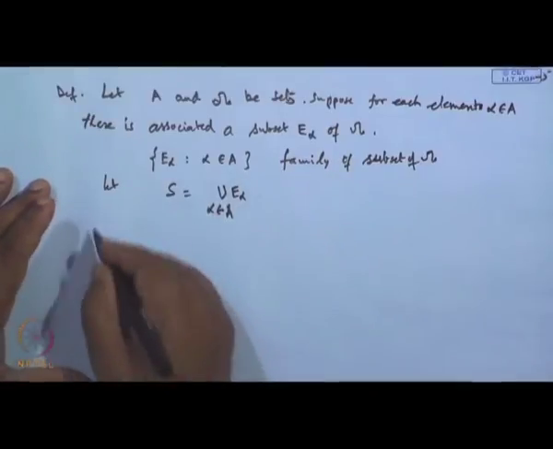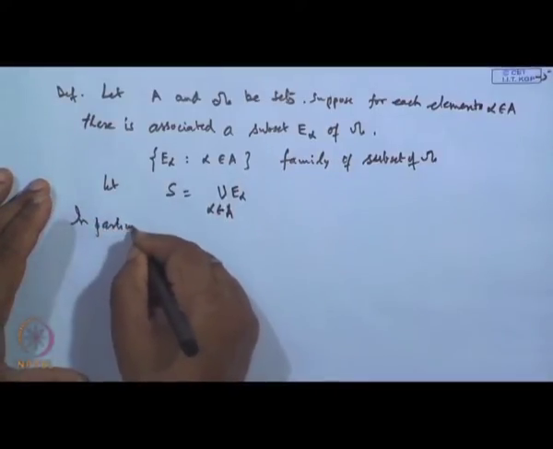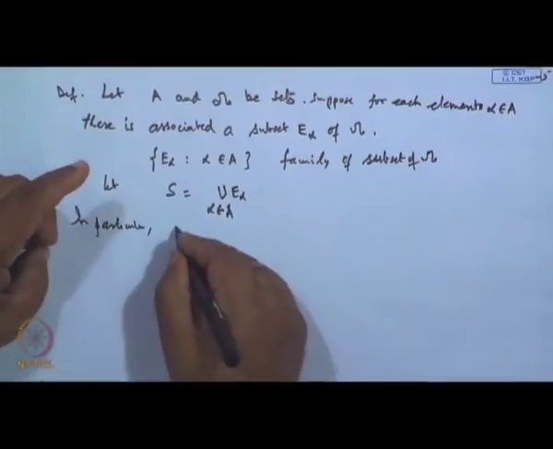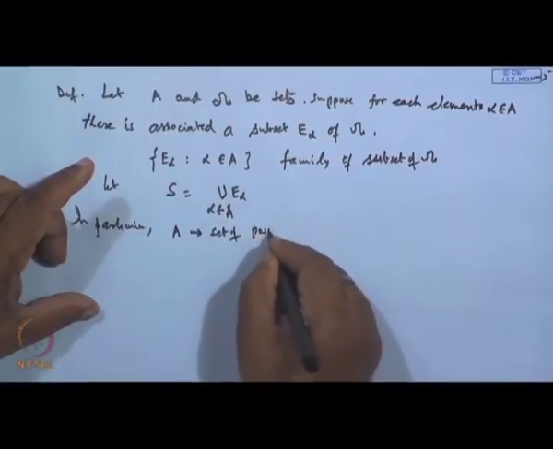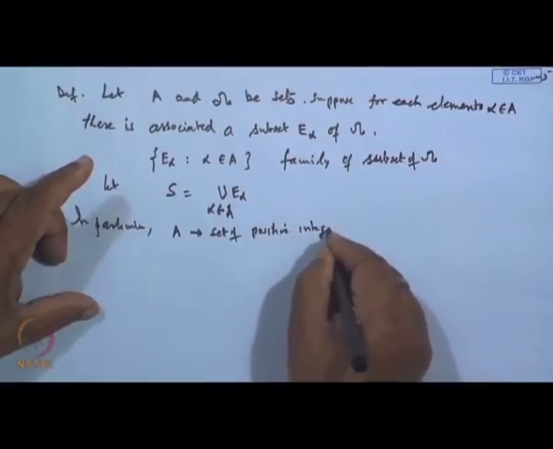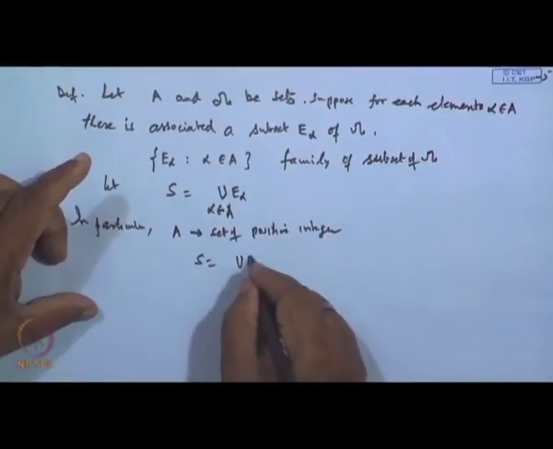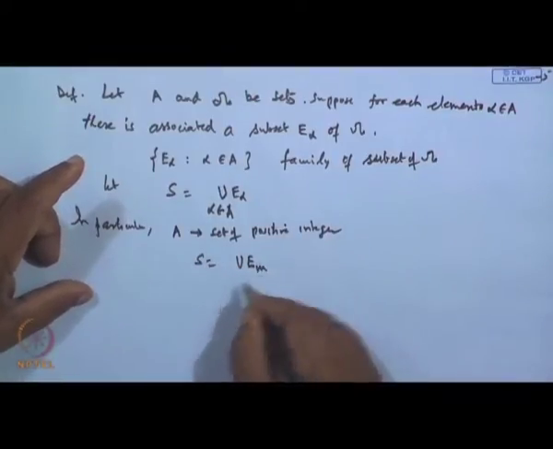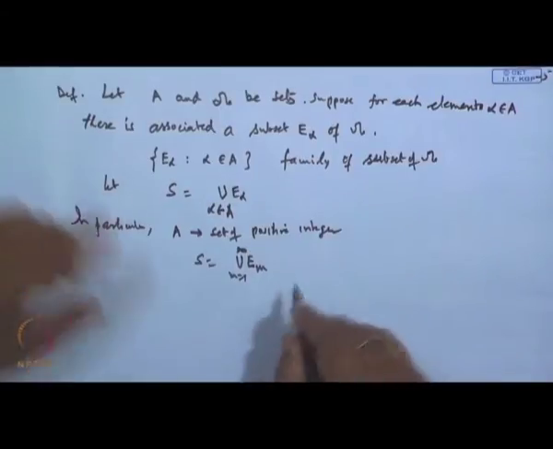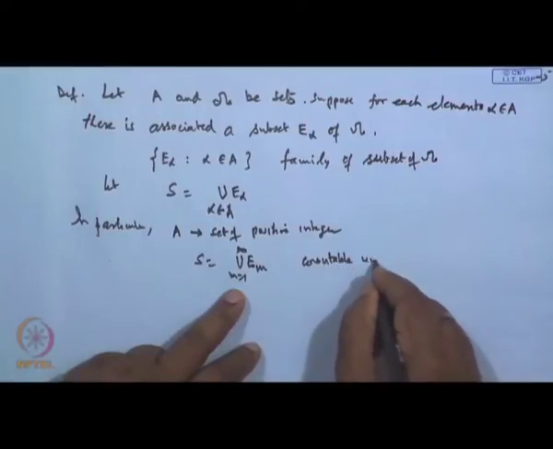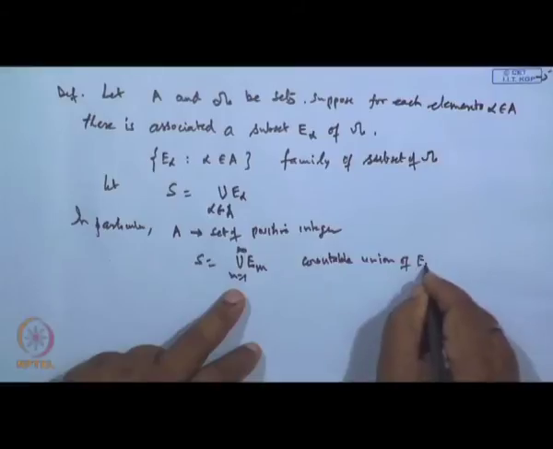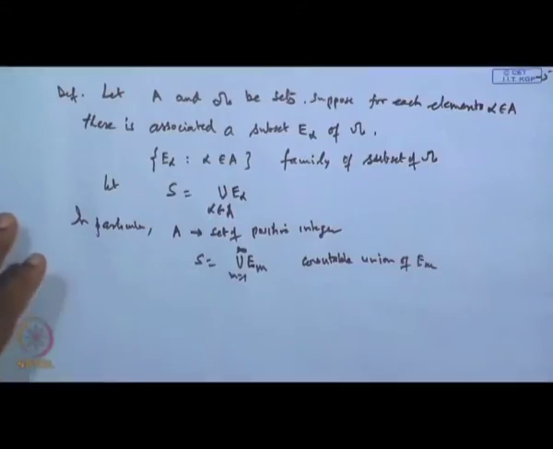And in particular, when A is the set of positive integers, then S becomes the union of E_m, m is 1 to infinity, and this we say is a countable union of E_m's. Similarly, for the intersection also we can introduce this. This will be needed, so we can just define.